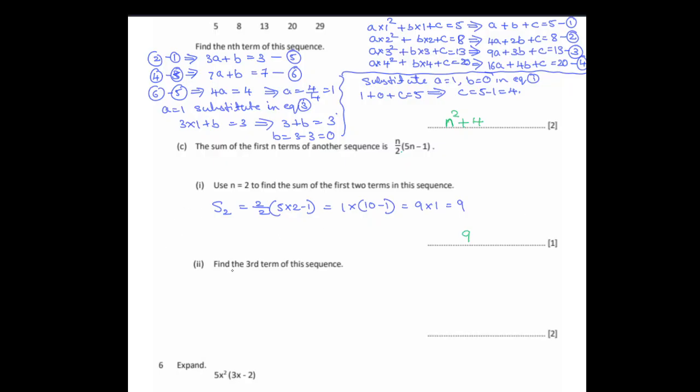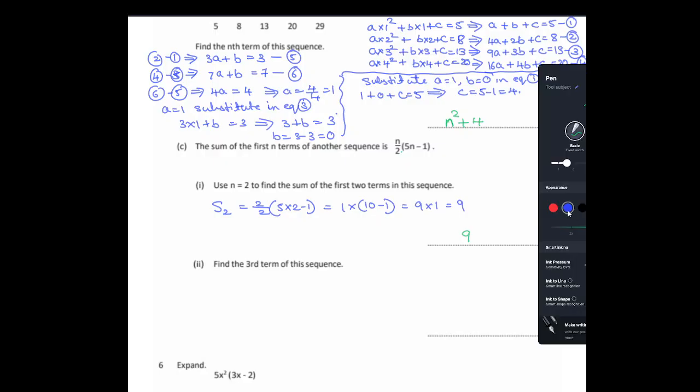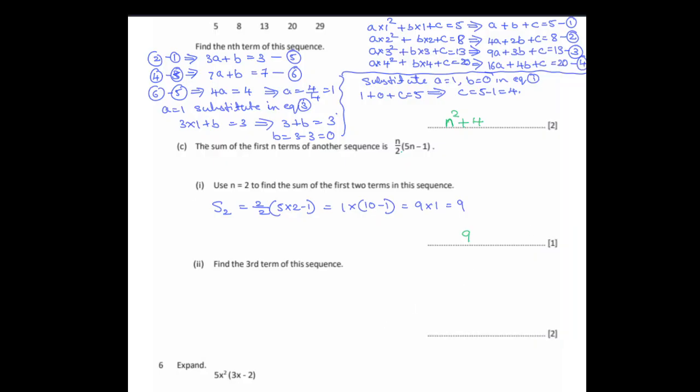Question number 2. Find the third term of this sequence. Now this might be a little bit tricky here. So to find the third term, what you will do is find out the sum of three terms.